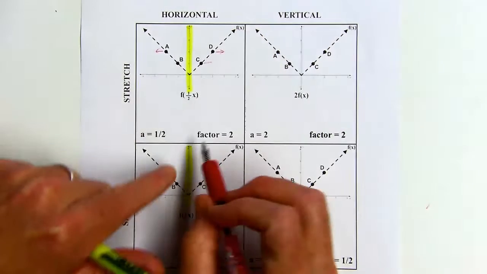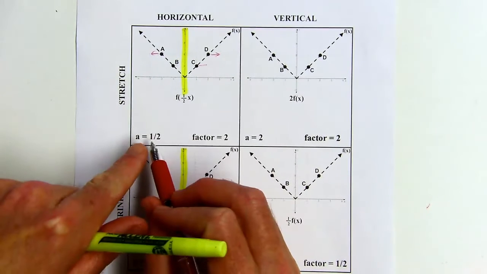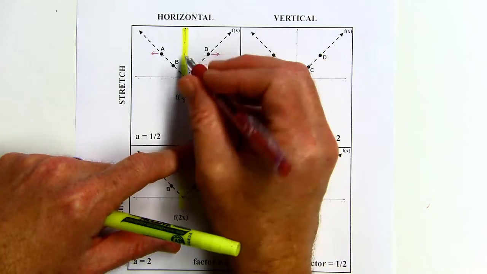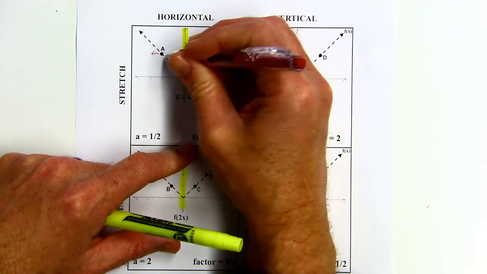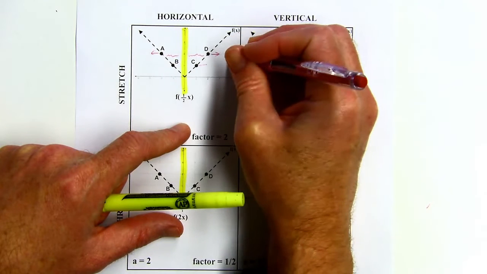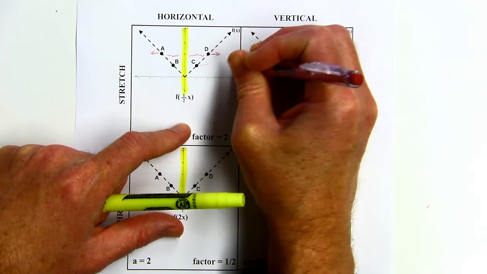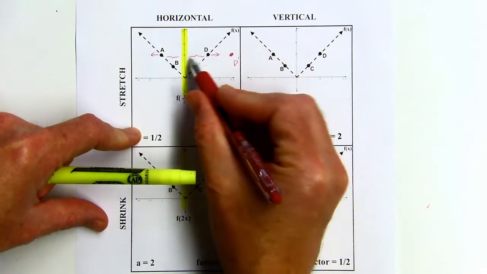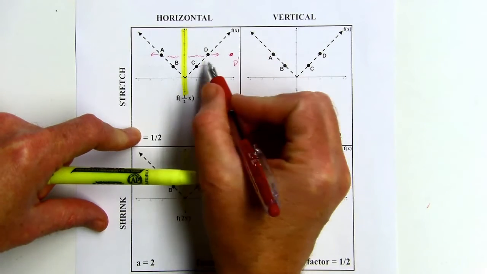Okay, and now since the factor is 2, which by the way is the reciprocal of 1/2, that means I'm going to double the horizontal distance. So I can see this first set of points is 2 units away from the y-axis, so I want to double that. So this new point D, I'm going to label that D prime with a little tick there, would be there, right? Now it's 4 units away from the y-axis as opposed to 2.